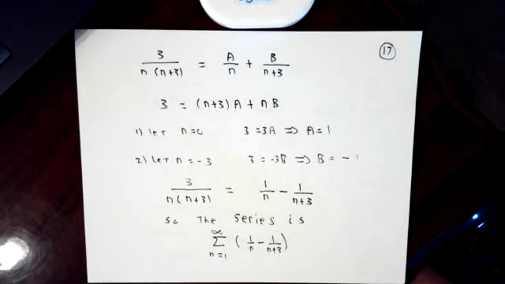Since the denominator's already been factored, we'll just say we're going to try to write 3 over n times n plus 3 as a constant divided by n plus another constant divided by n plus 3. The manipulations that we're going to use are exactly the same as we did in partial fractions.